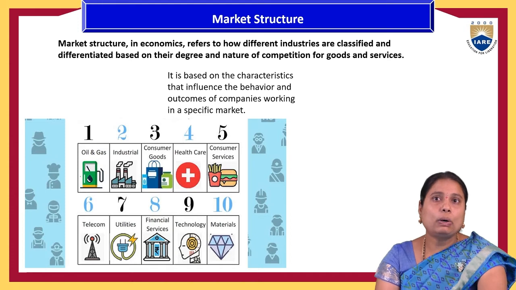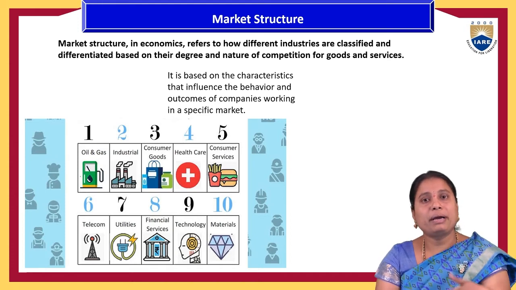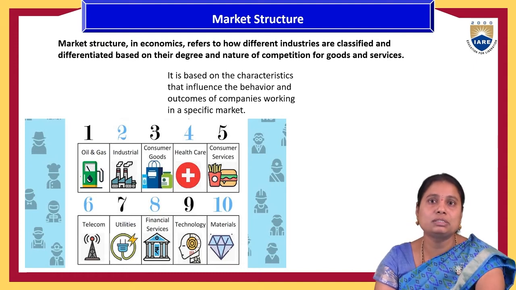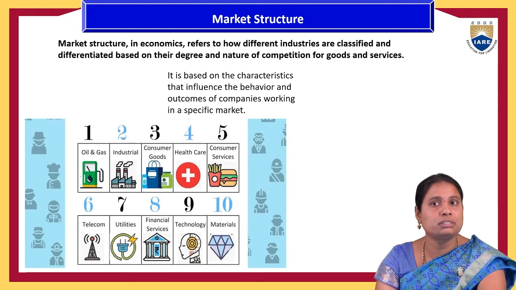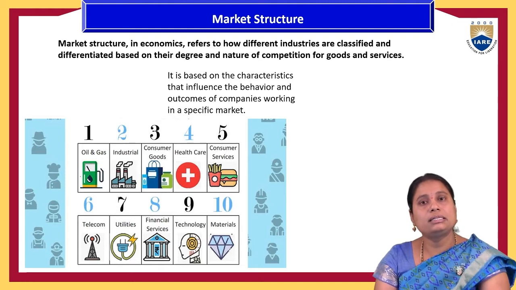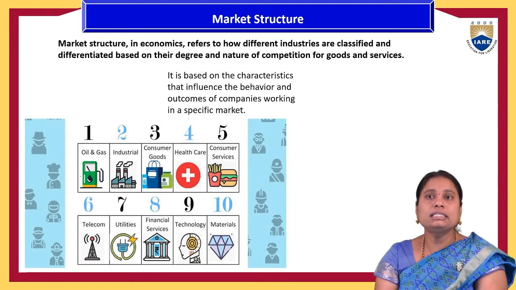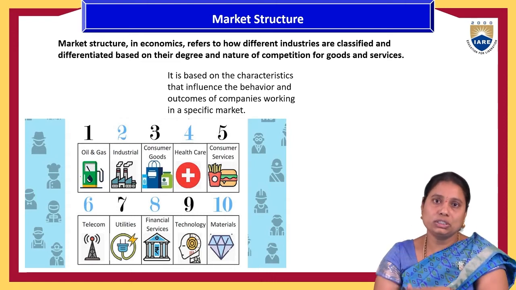We see oil and gas industries, other manufacturing industries, consumer goods industries, healthcare products, consumer services, telecom industries, utilities, financial services, technologies, materials, agriculture, fisheries, poultry. So various kinds of industries are there.